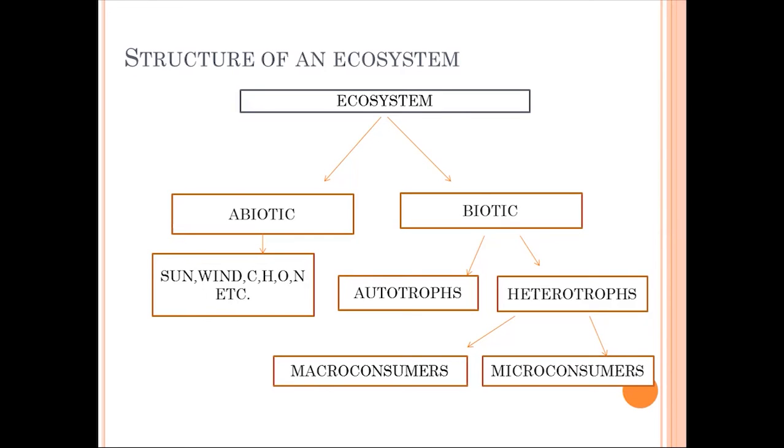Abiotic component means the sun, the wind, different inorganic elements that are present in the soil and also in the gaseous form in the atmosphere. Biotic component is further categorized as autotrophs and heterotrophs.